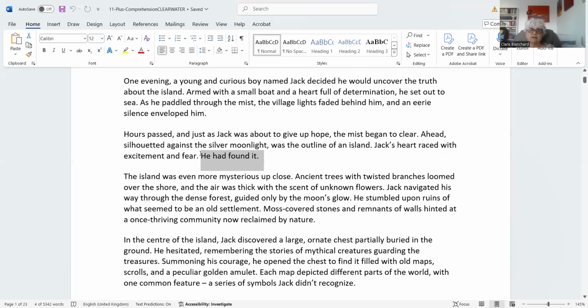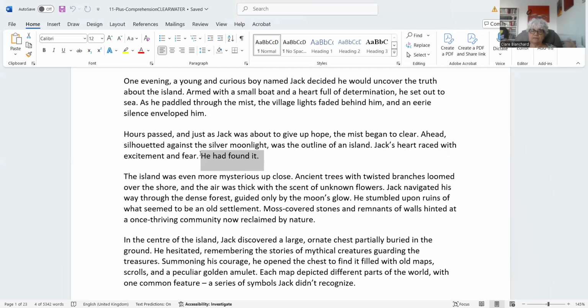Here we've got an interesting, very short sentence at the end of a paragraph that's also very short. "He had found it." When we get a very short sentence like that, we are meant to stop as a reader and sort of take a breath, pause, and think about what's happening.